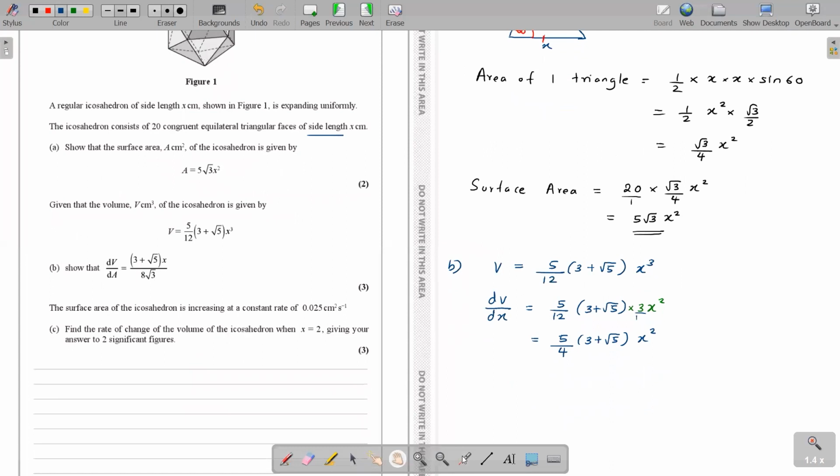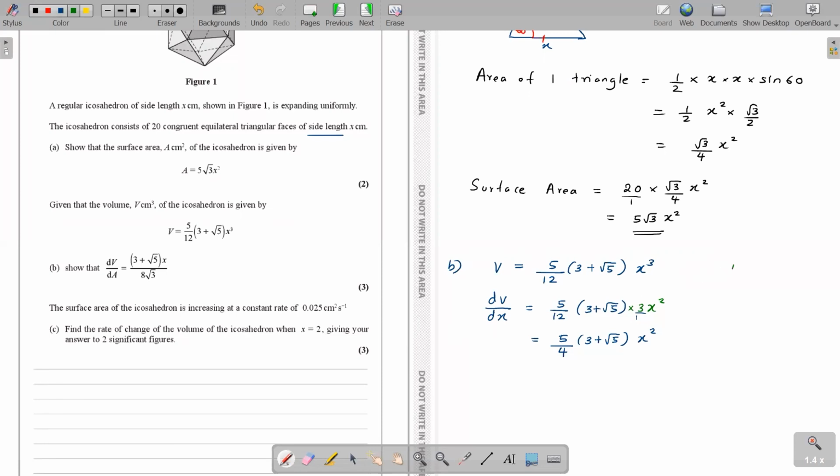Now I'm supposed to show that for dV by dA. How do I get this A variable involved here? I take this A equation, because I need A involved with V. Now don't go to substitution. Some of you might think, can't we substitute the x value here? That is also one option, but the powers are going to be a bit of a problem. One of the easiest ways is to get dA by dx.